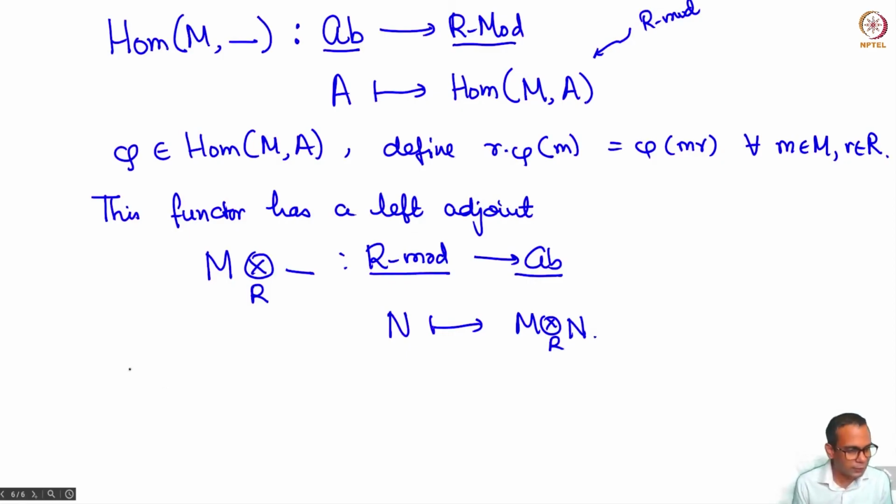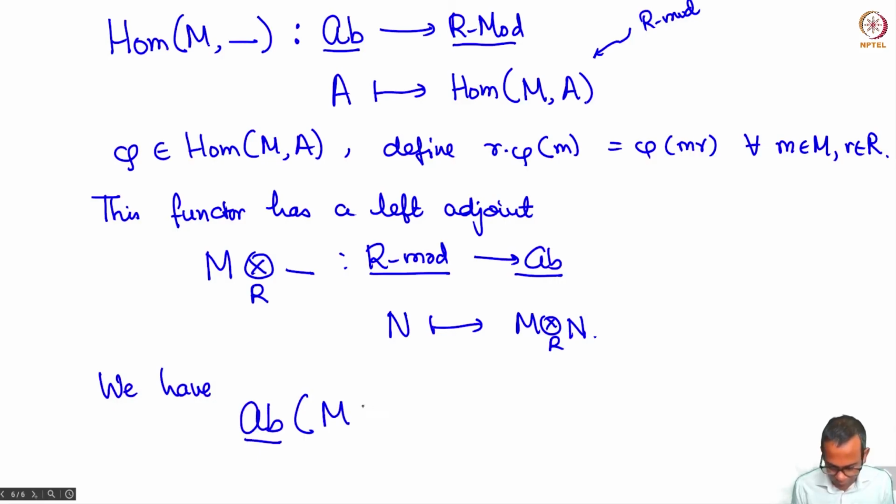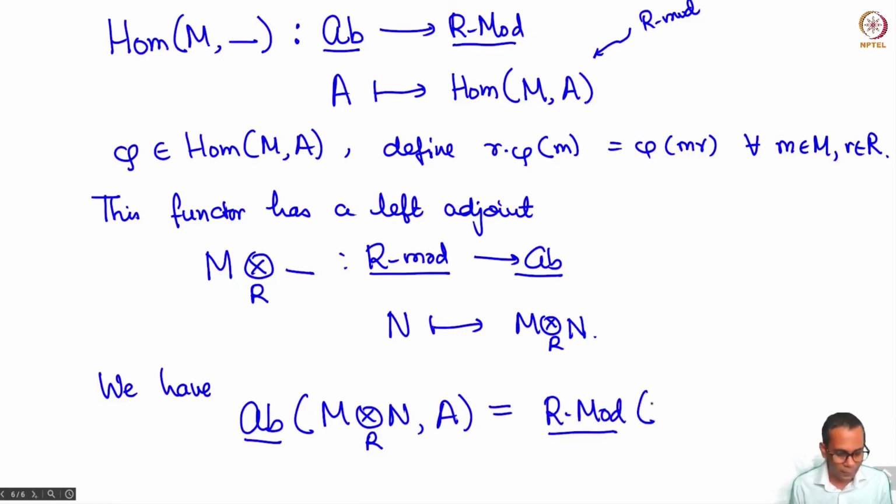And so the adjunction here says that the arrows in the category of abelian groups from M tensor N to any abelian group A are in bijection with the arrows in the category of R modules from N to Hom(M, A).